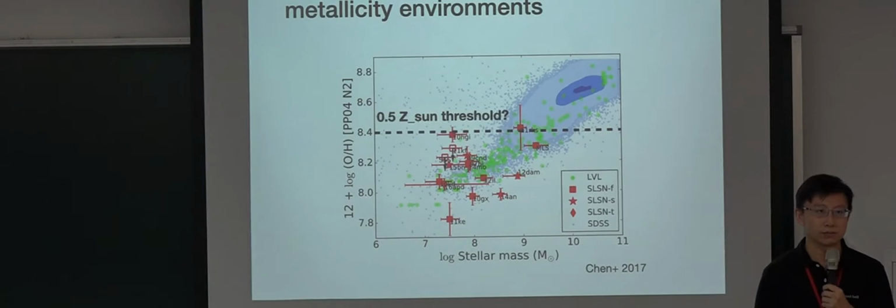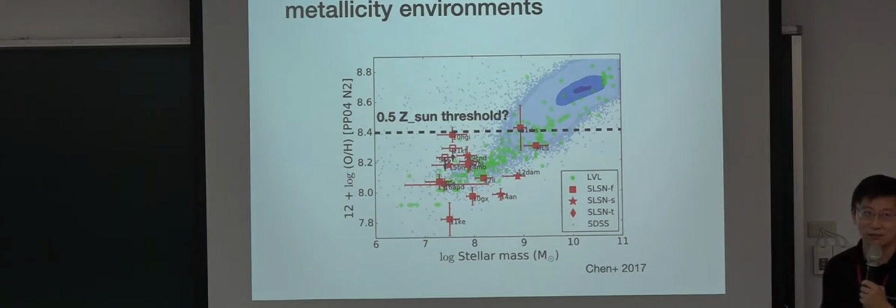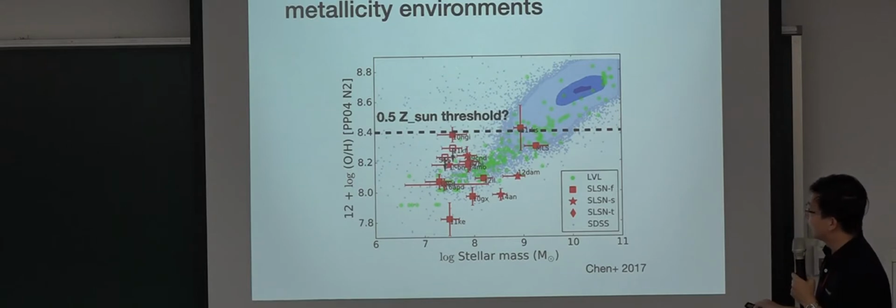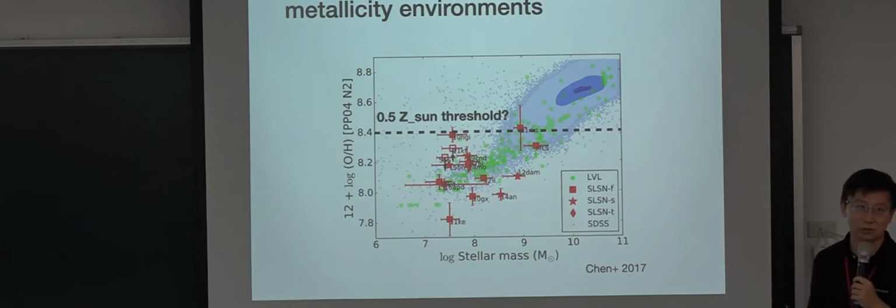Have you compared the distributions? For long GRBs, there's a preference for low metallicity, but I don't think they're that extreme. I remember it's not as extreme as superluminous supernovae.